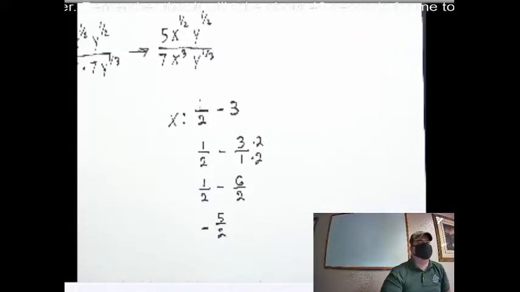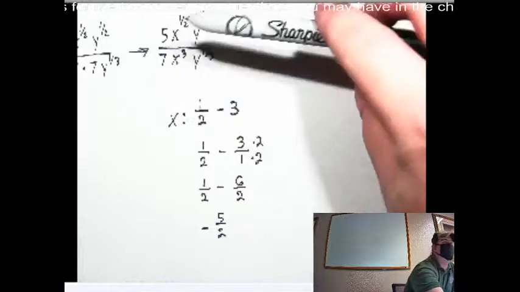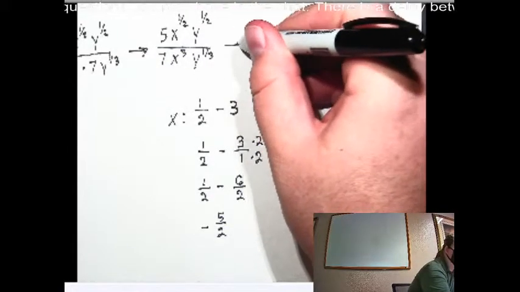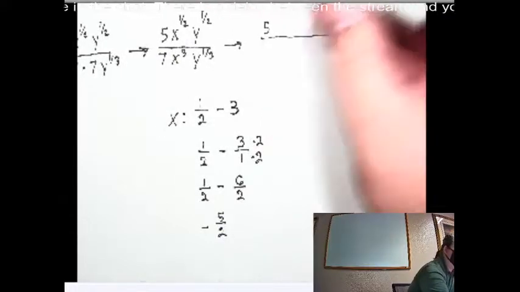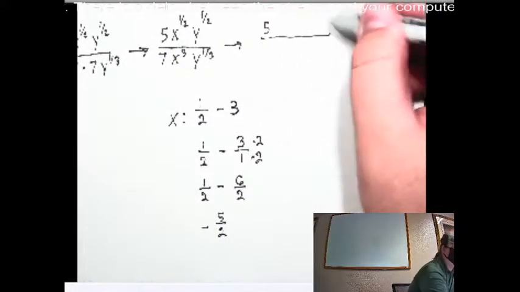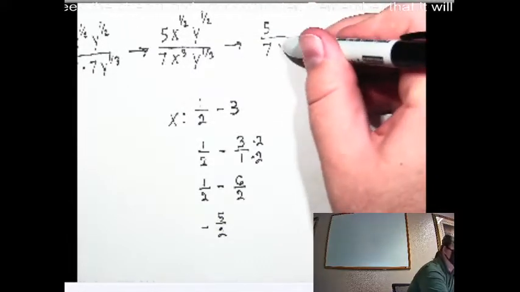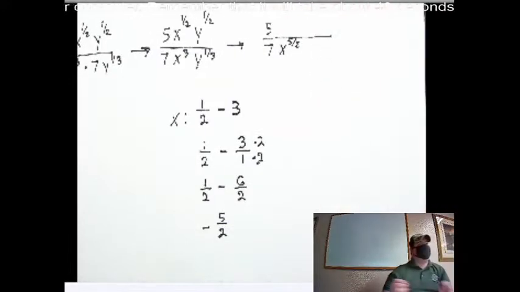It's going to be where? Top or bottom? Bottom, yes. If you subtract these things and you get a negative exponent, it's on the bottom. So now we have 5, no x here, we still need to figure out y, over 7 x to the 5/2. And it's positive now because we've switched it to the bottom.